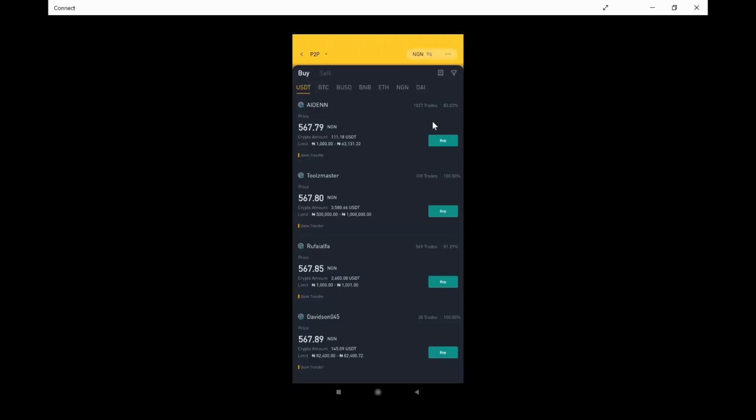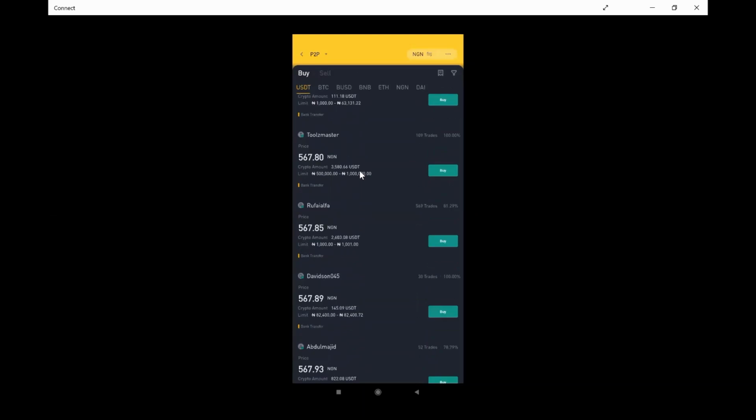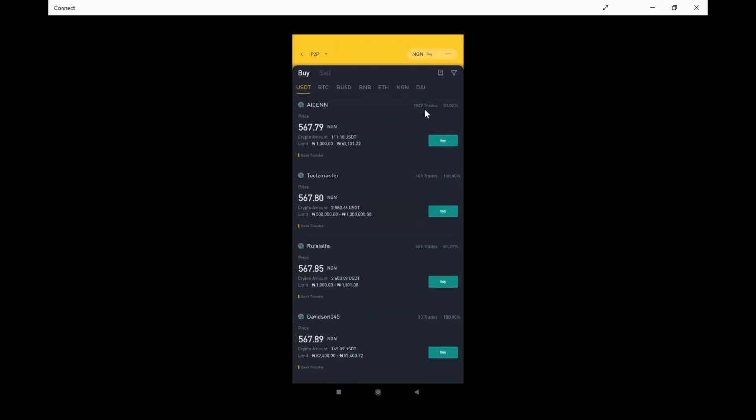This way you avoid time wasters, you avoid scammers, because embedded in all these listings are scammers. I assure you, people are terrible. So these 2 metrics, number of trades and percentage completion, are much more important than price. We're going to come to that.